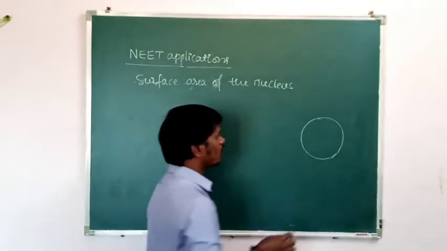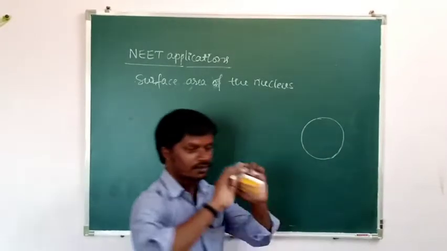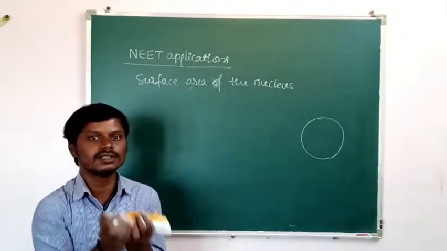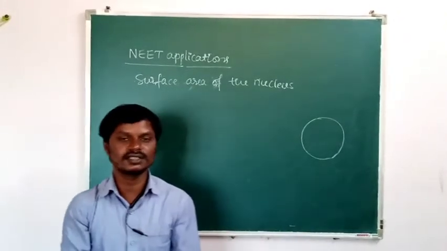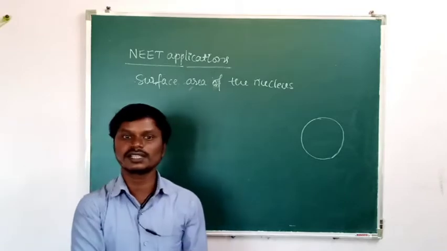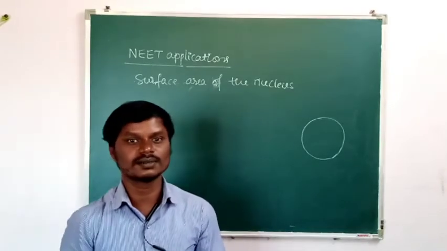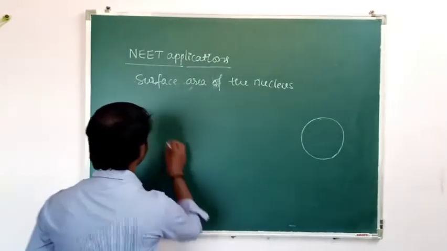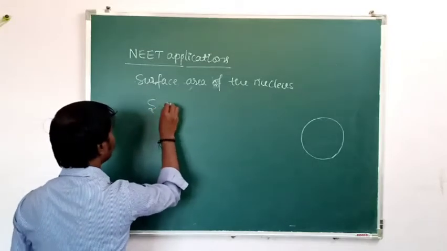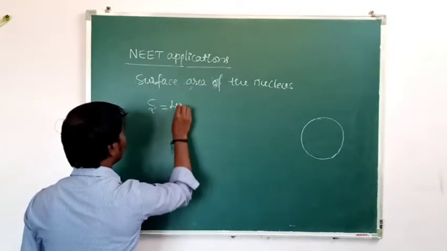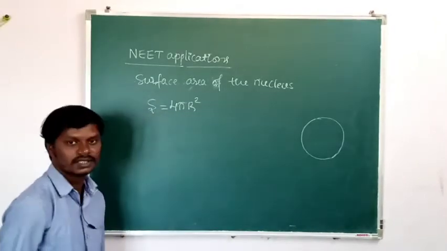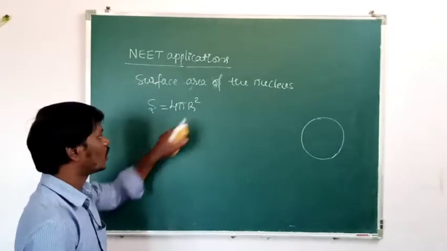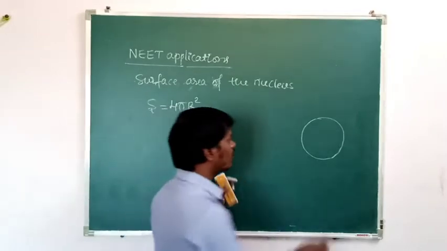How to find the surface area of the nucleus? We assumed the nucleus is spherical in shape, then the surface area of the sphere is 4 pi r square. Then I will write S is equal to 4 pi r square, it is the surface area of the nucleus. Then what is r? R is nothing but the radius of the nucleus.